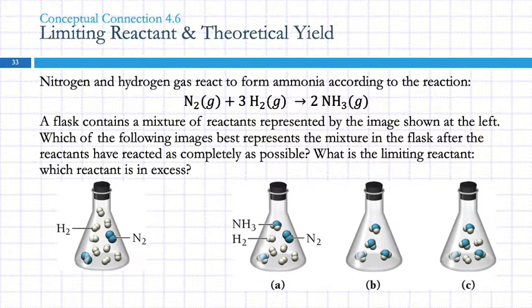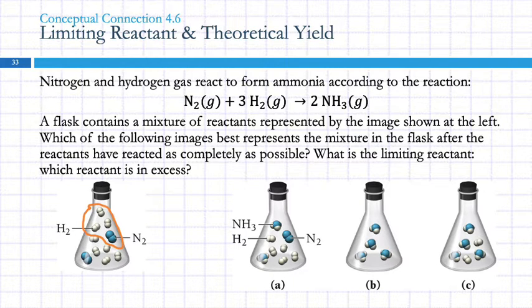So you can do this kind of like I did with my ugly drawing there, and you can group these things, right? For every 1 nitrogen, you need 3 hydrogen molecules. So here would be 1 nitrogen with 3 hydrogens.